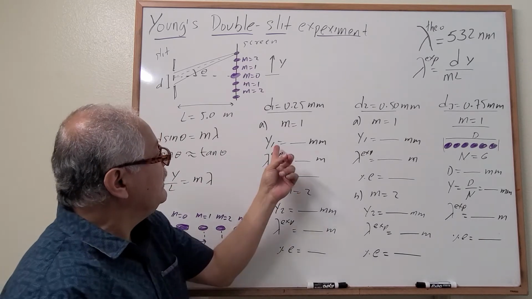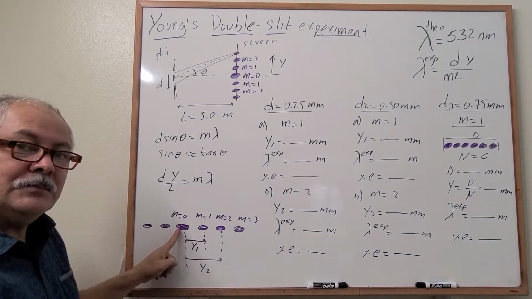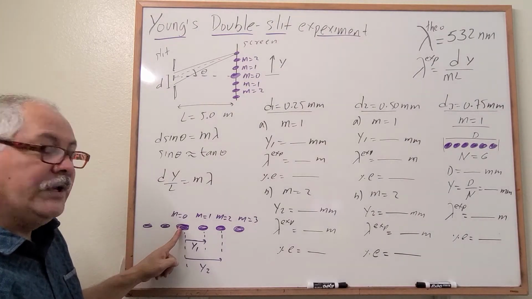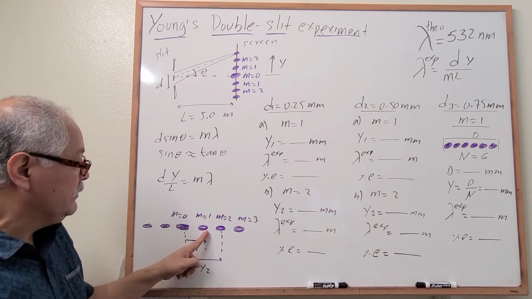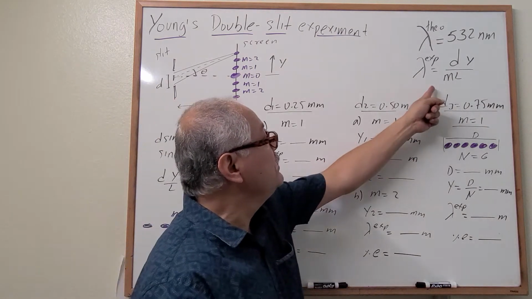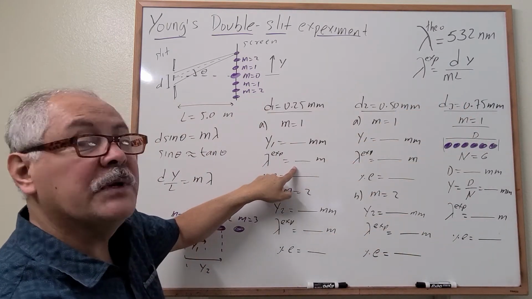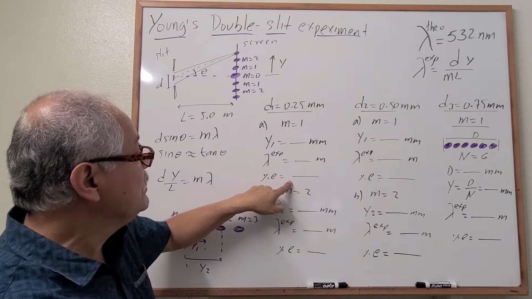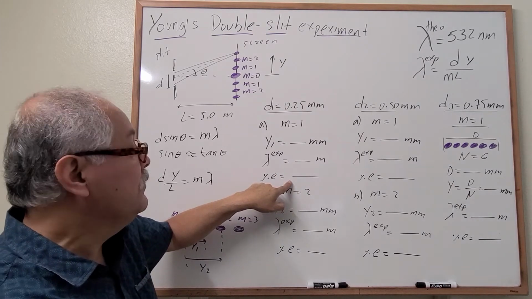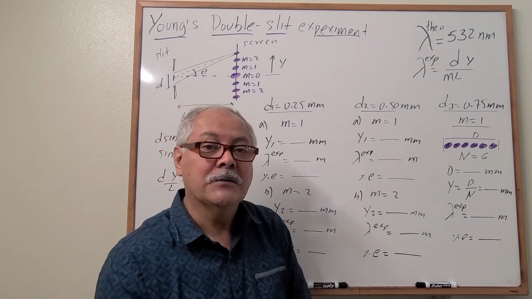Now, once we get the distance from the center branch to the next one, which we label m equals 1, we plug the values in the equation. Remember, m is equal to 1 for this case, and find the experimental value. Then let's use the percent error to find the percentage, right? What is our percent error for this trial?